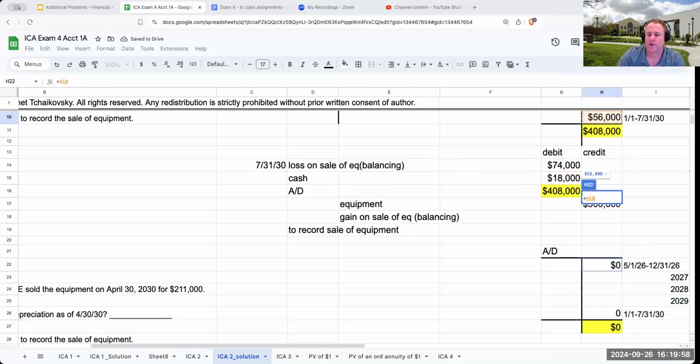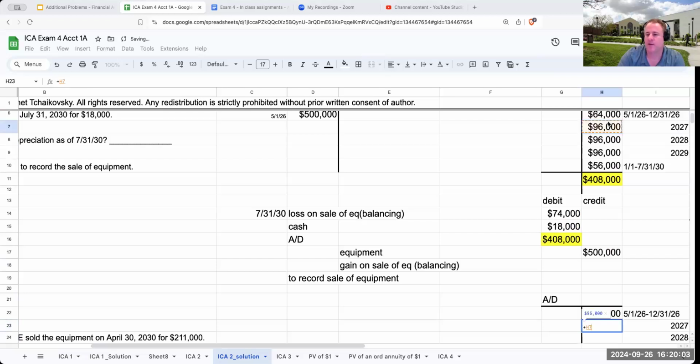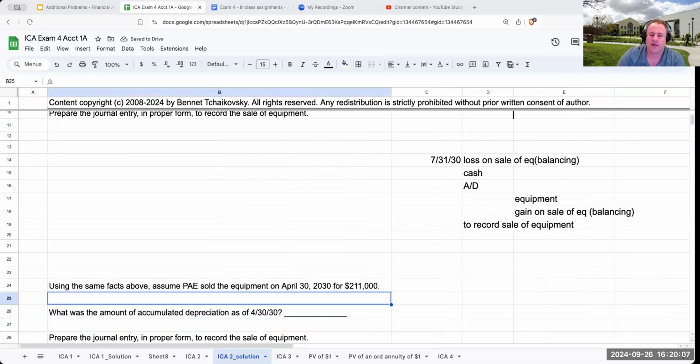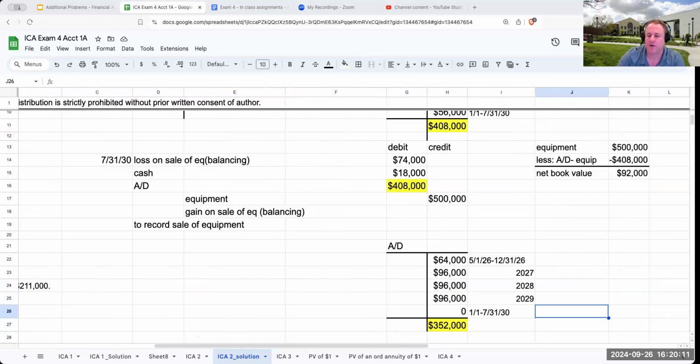So over here, it's the same scenario, except that we're just selling this on a different date. It says assume the same facts above, except we sold on April 30th. So now, if I'm selling on April 30th, 2030, what I'm going to be doing here is 1/1 to 4/30/30.